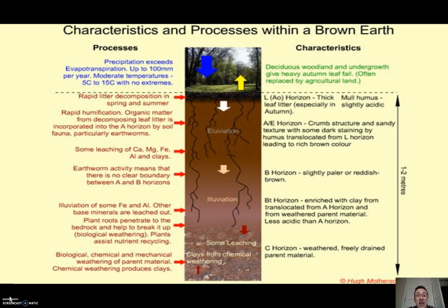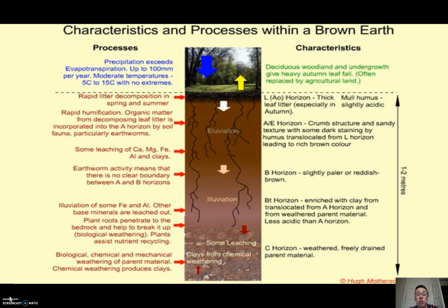We've got very, very thick leaf litter, obviously particularly in the autumn months when the trees shed, but we are also talking about, throughout the year, just different bits and bobs of material that comes off the trees and the undergrowth that we have. Now, because we have got a fair amount of water, and we've got reasonably high temperatures, that means we see decomposition happen pretty rapidly.